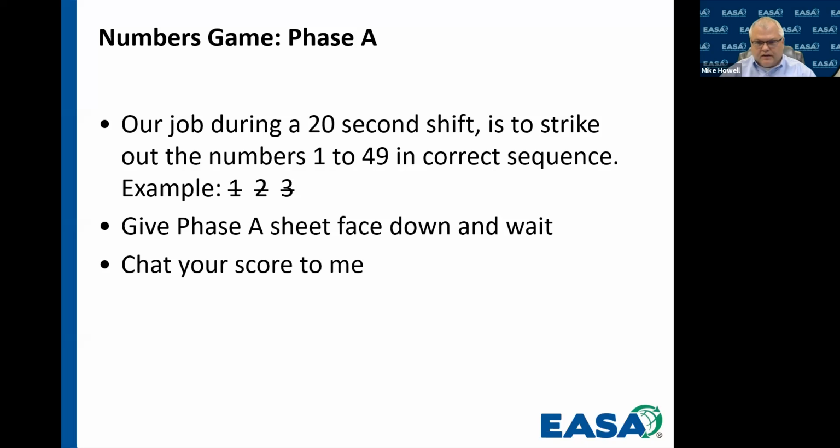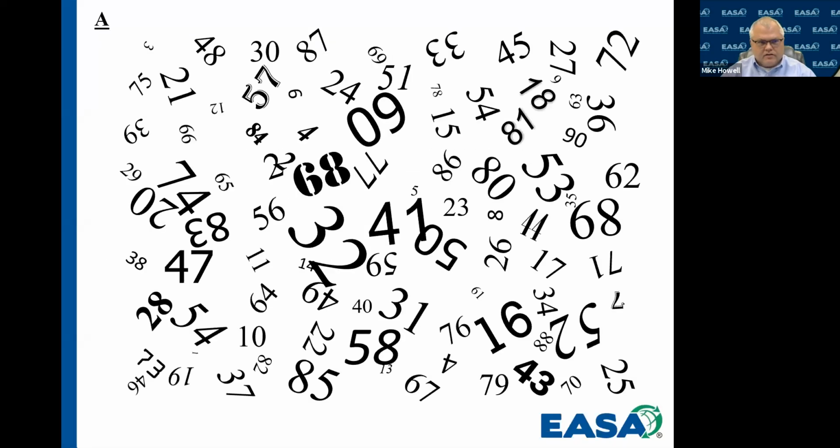So you have to find the number 1 and mark it out, and then 2, mark it out, then 3, and so forth and so on. And you want to get as many as you can from 1 to 49. So you can go ahead and turn that sheet over now and start.